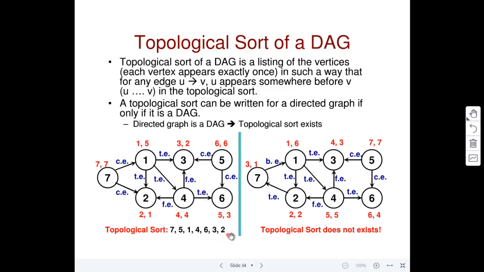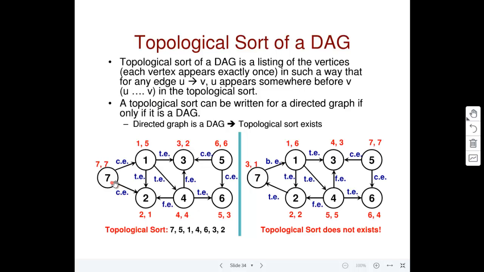You could notice that depending on how you break the tie to visit the outgoing neighbors or where to start depth first search, you could get a different topological sort for the graph. That is fine. You could have more than one answer for the topological sort depending on how you break the ties as you proceed with depth first search. One thing you can always do to make sure you have the right topological sort is to make sure that for any edge from U to V, U appears before V. So that makes sure it satisfies the property.